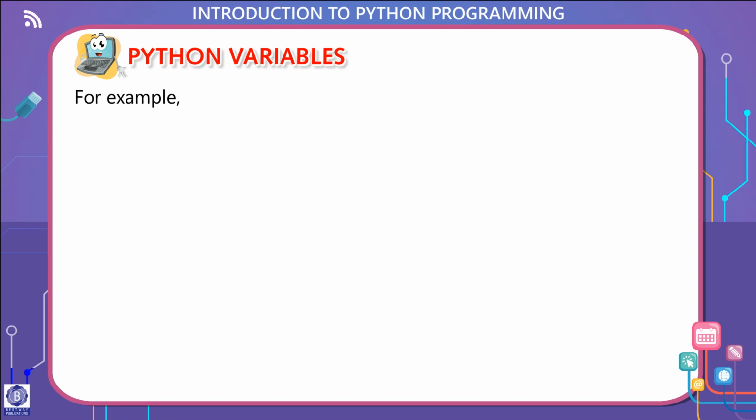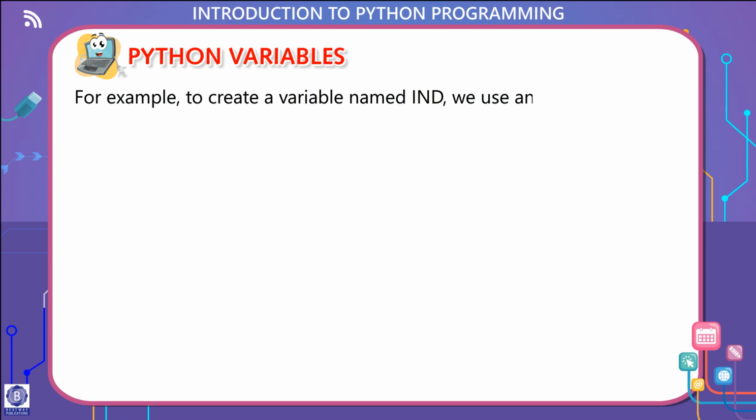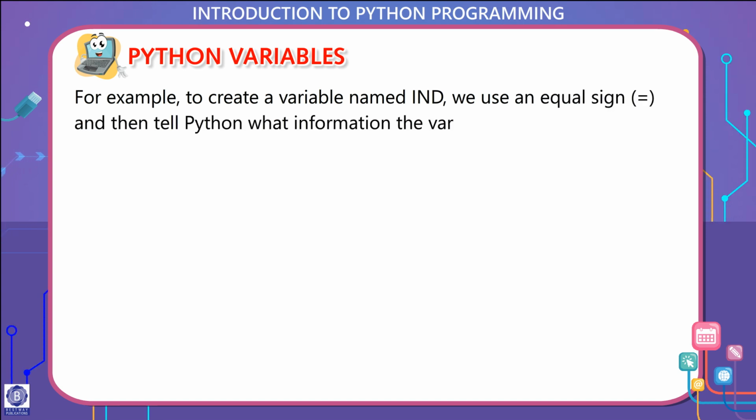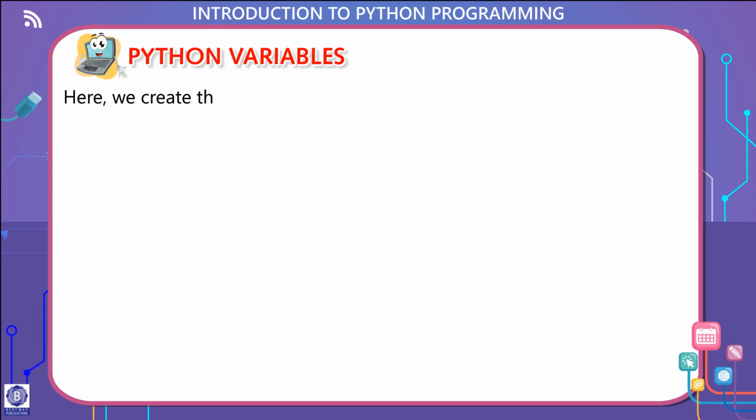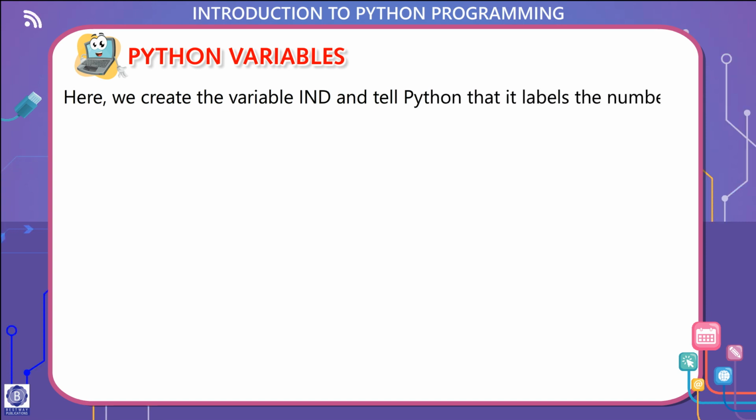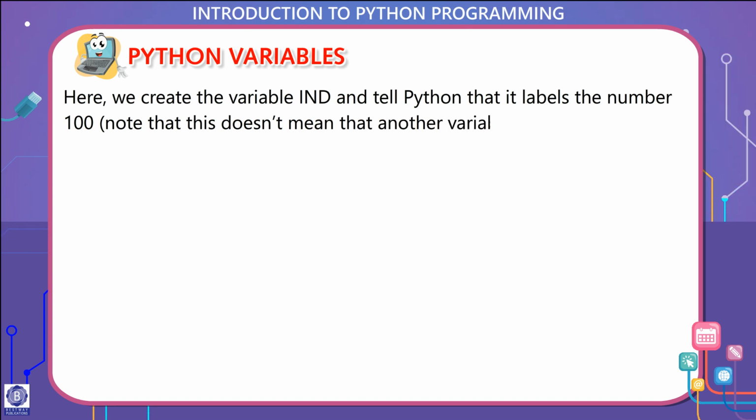For example, to create a variable named int, we use an equal sign and then tell Python what information the variable should be the label for. Here, we create the variable int and tell Python that it labels the number 100. Note that this doesn't mean that another variable can't have the same value. int is equal to 100.